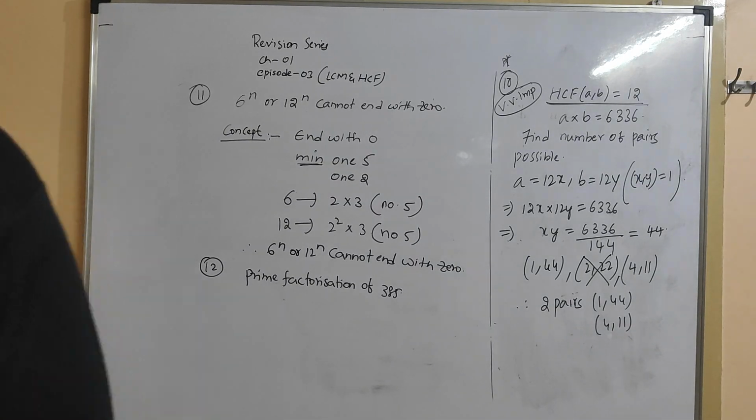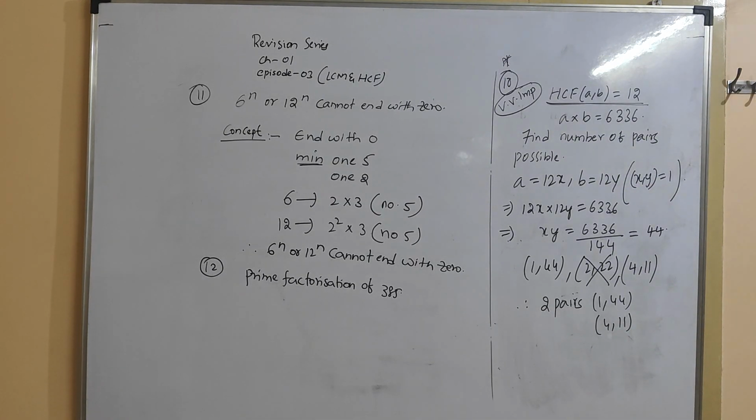You please do this problem, and in the comment section you please comment the answer with the question number, like 12th question answer is this much. Okay, this is regarding prime factorization. It is very easy, that is the reason I am not telling you.